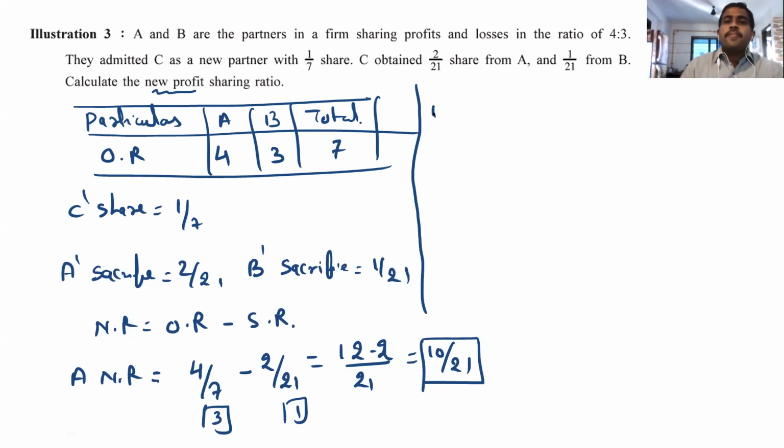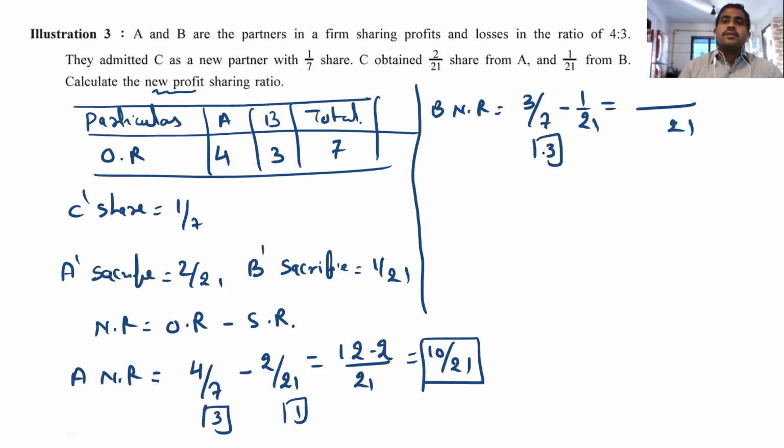Now see B. B's new ratio is equal to B's old 3 by 7 minus 1 by 21 sacrificed. So again comes the LCM. 7 threes are 21, 21 ones are 21. 3 threes are 9, 9 minus 1, 8 upon 21.